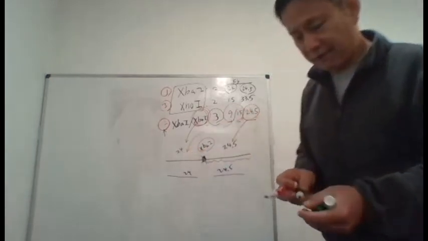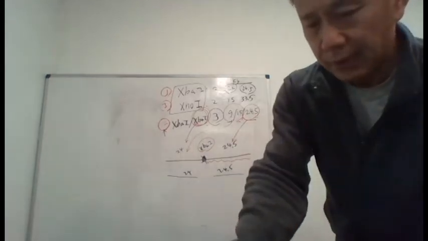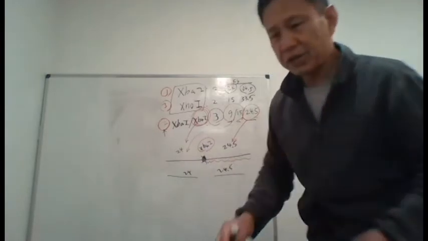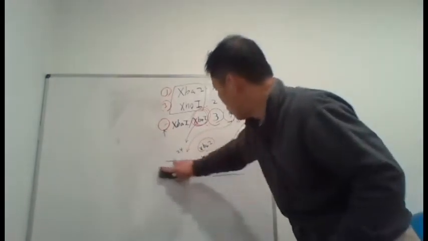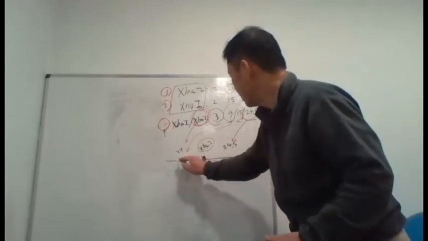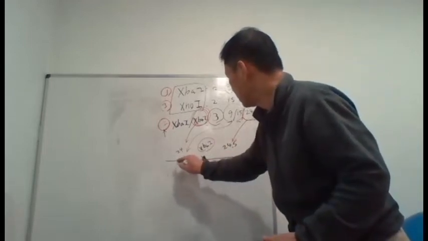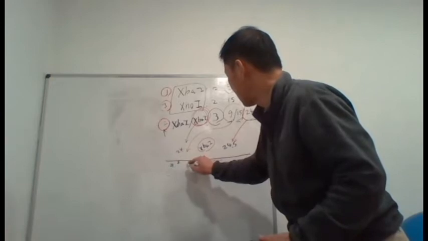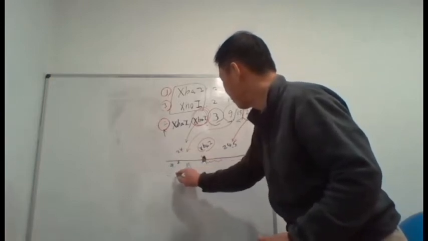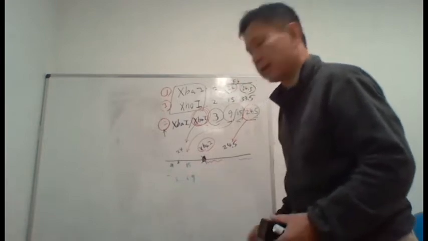So after the digestion, you get 9 and 15. That means the location of the XHO1 could be here, so that you produce 9 and 15, or it could be here, so you get 15 and 9.